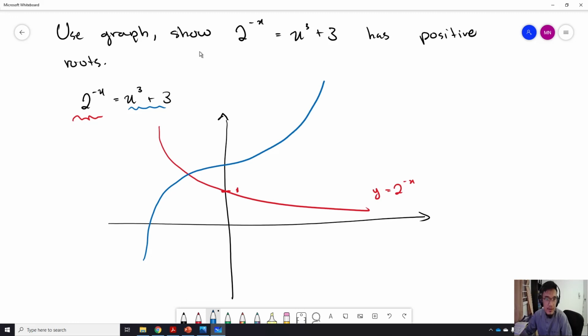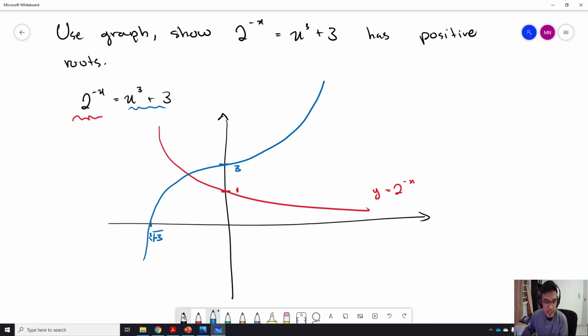Okay, so this graph intercepts at y equal to 3 and has an x-intercept at the cube root of negative 3. So you press your calculator to find the exact value of the cube root of negative 3. So that is where the x-intercept is.